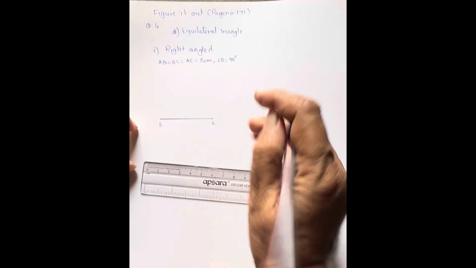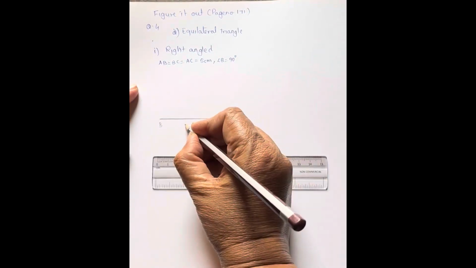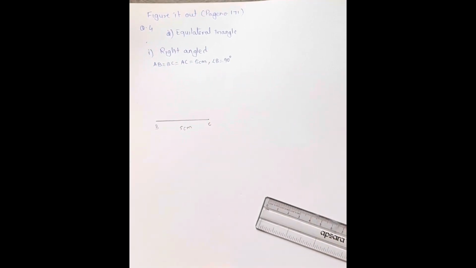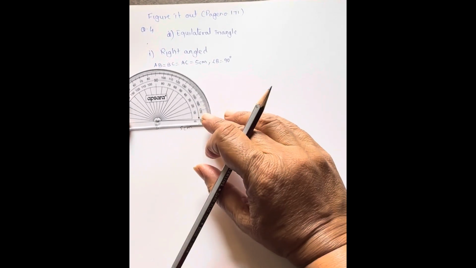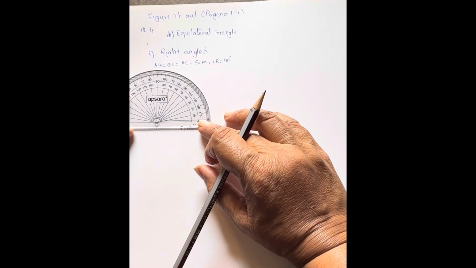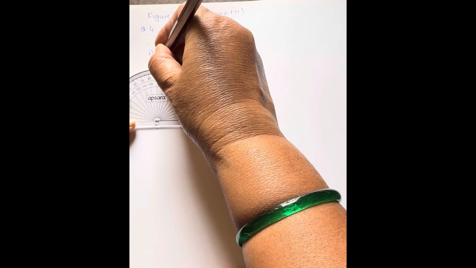All are 5 centimeter. Angle B is 90 degree, so we are taking BC as a baseline 5 centimeter. Right. Now we'll draw 90 degree with the help of protractor. Okay. We can even use the set square and the scale as we did earlier.